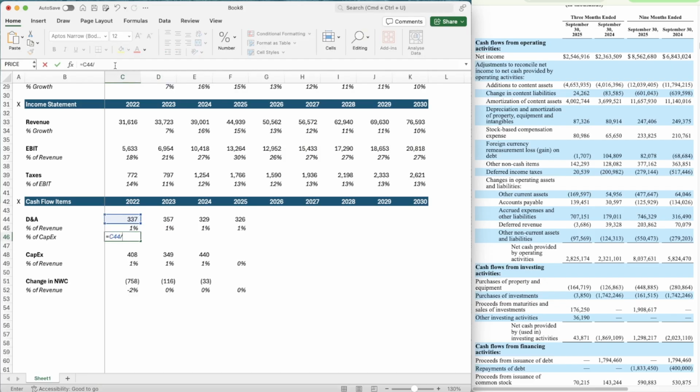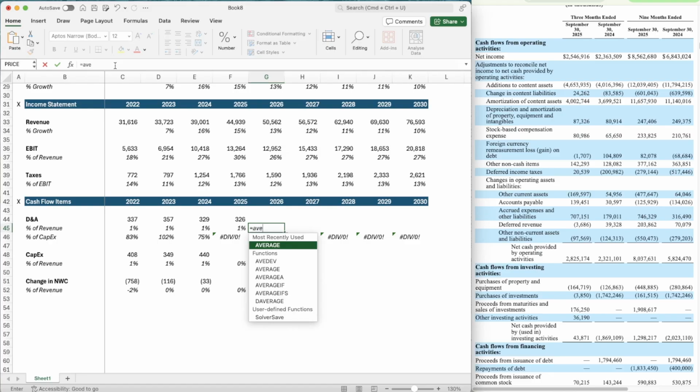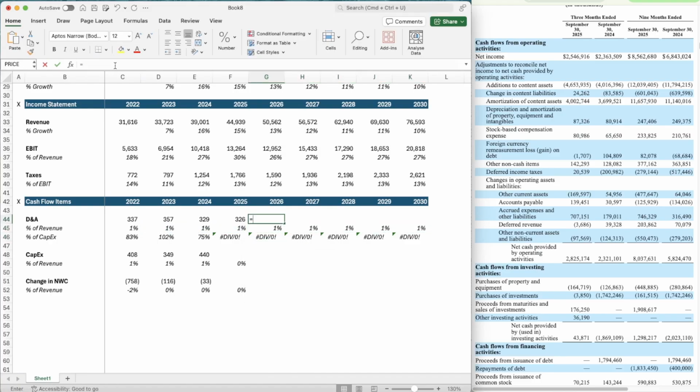Find out what the DNA is as a percentage of capex. You just take the figure and divide it by the capex. Just pull that along. Take an average of the last 3 years for depreciation and amortization, pull it along, and you go revenue multiplied by your average. So we have it. Do the same for capex now. So we take 440 divided by 280.864.